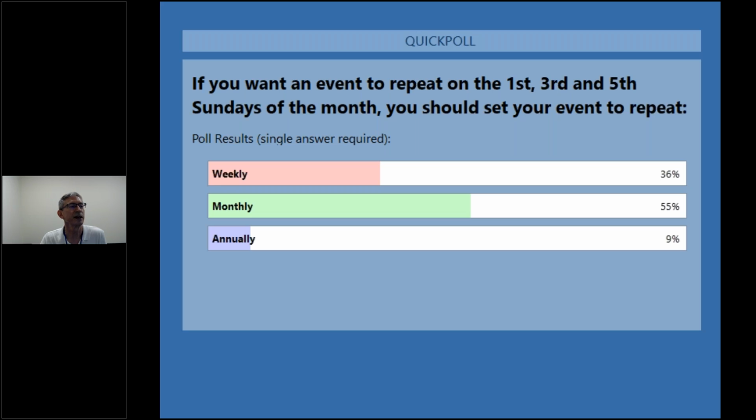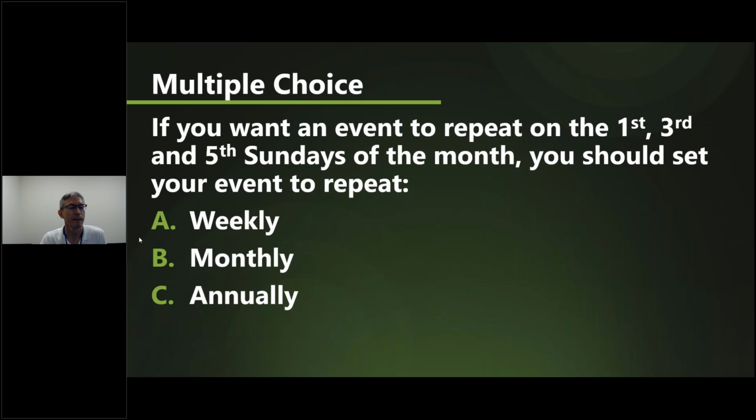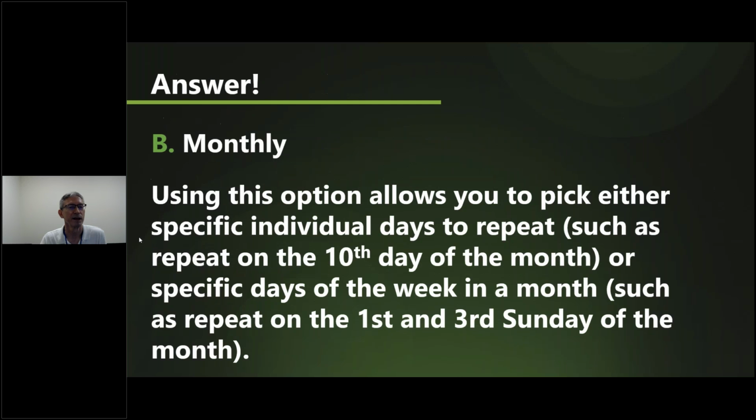So this one's interesting because we've got it kind of spread out among all 3 answers, weekly, monthly, and annually. So let's go ahead and see what the answer is. So the answer is monthly.